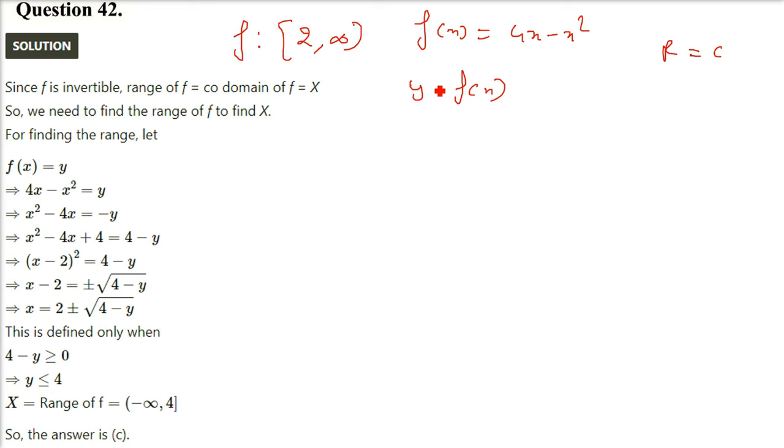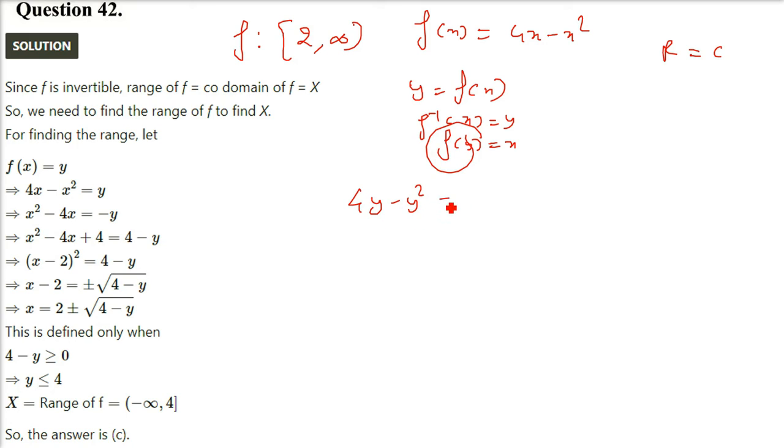We'll try to find out the inverse, and then find out for what value of x it is not valid. You can do it both ways. The already given solution is easier, but I'll find out the inverse and then tell you the value.